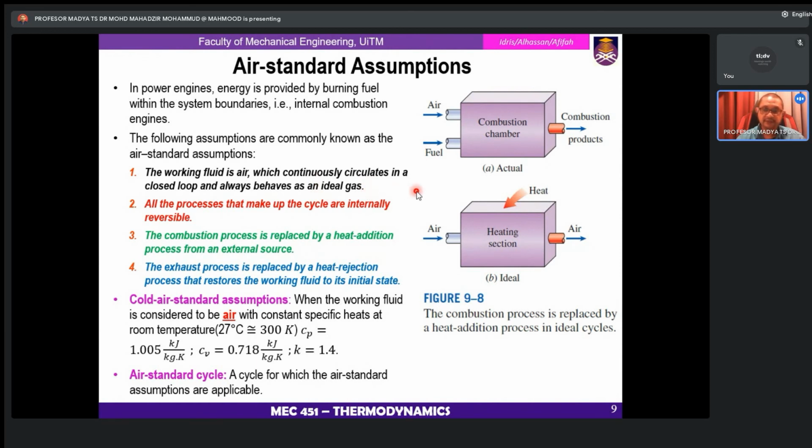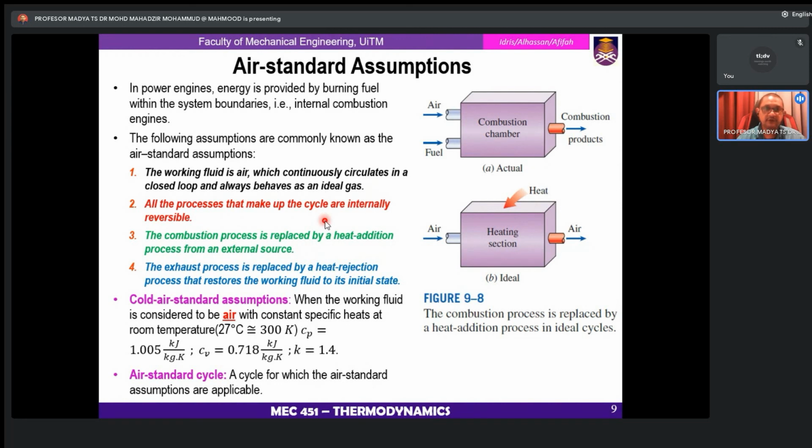So the formulas you can use to analyze or calculate in a device that uses air are the ideal gas approach, the formulas mentioned in the ideal gas.